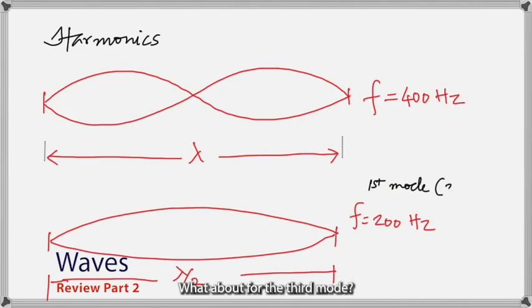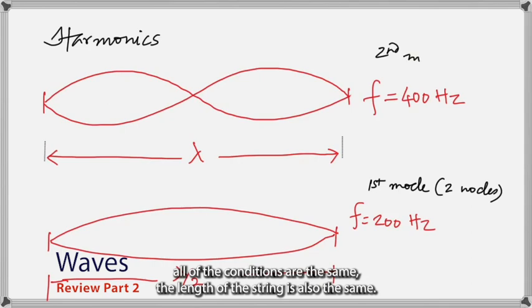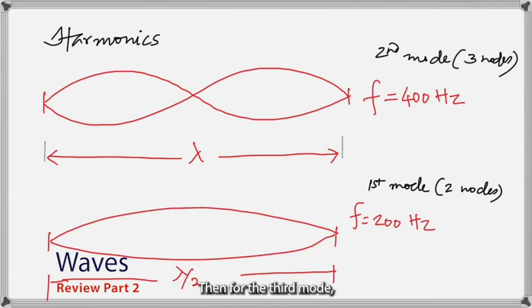What about for the third mode? Assuming that all other conditions are the same, the length of the string is also the same, then for the third mode, the frequency would be 600 hertz. Now, these multiples of the first mode frequency are called harmonics.